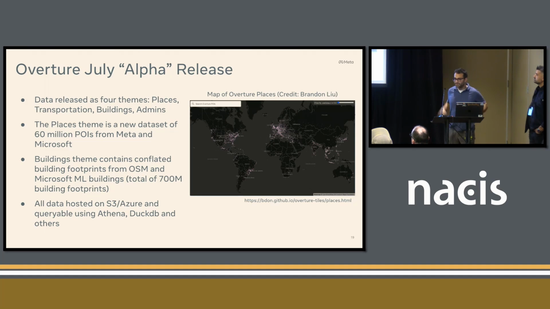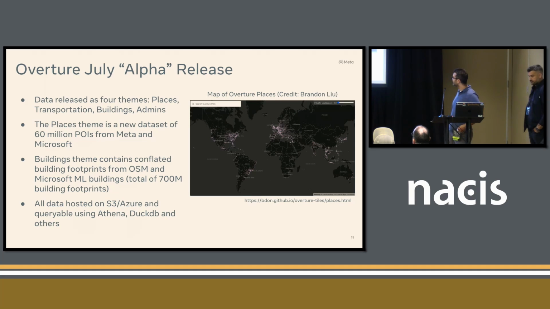There was this alpha release we had in July. We separated this data. There's something called places, POIs. There's transportation, which has a lot of the roads in it, buildings and administrative layers. The places theme is this new data set that was released. This is actually 60 million POIs from internal Meta places data that has never been released before.